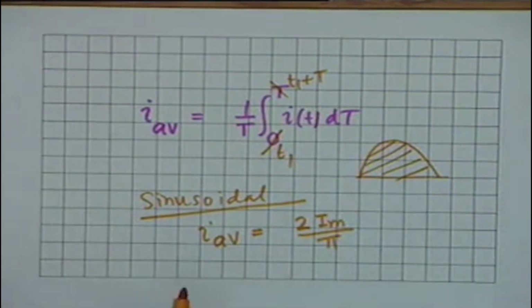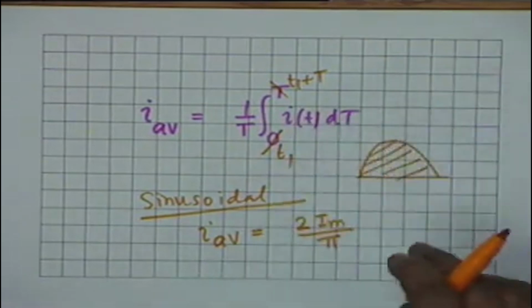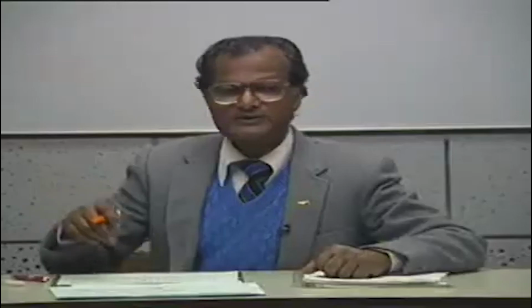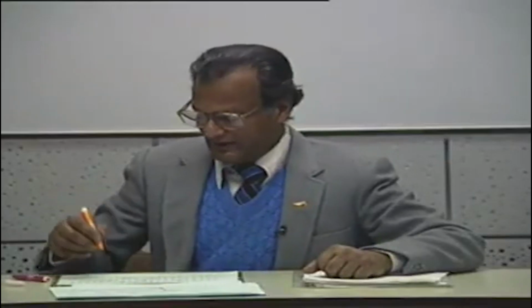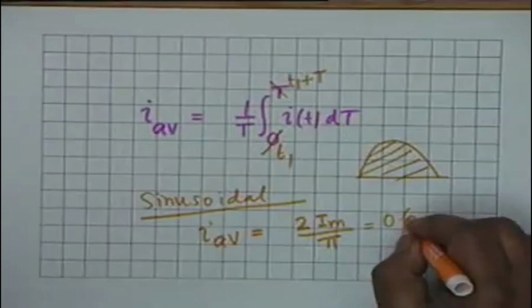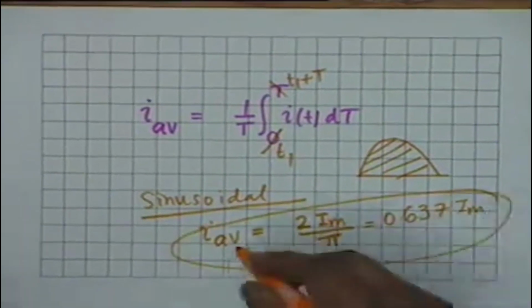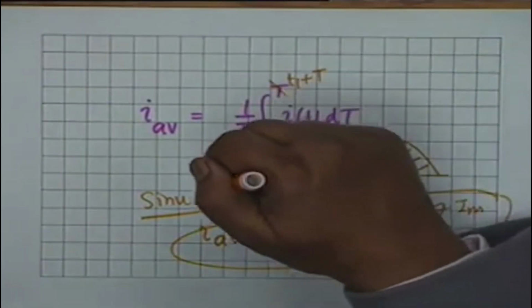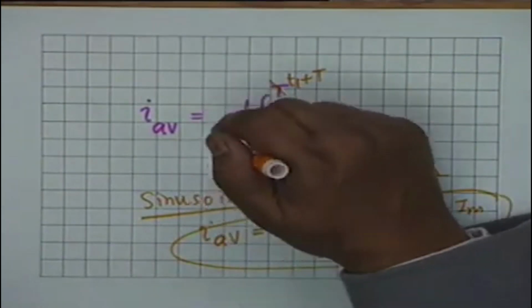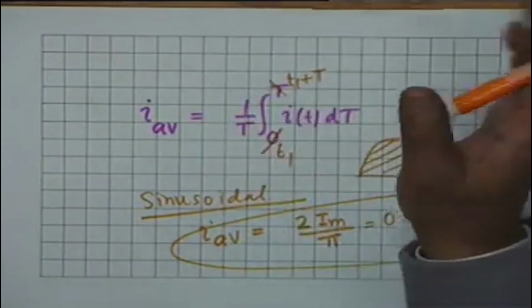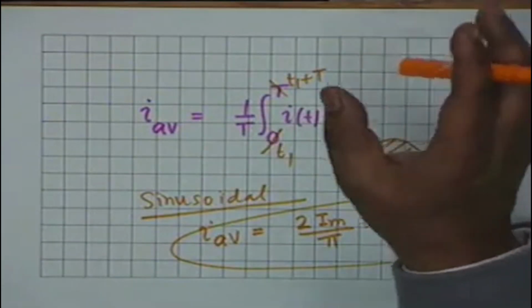You take sine omega t, for example, integrate from 0 to T by 2, then divide by T by 2, which is equal to 0.637 Im. You must remember the definition of the average value for a sinusoidal waveform. If you take over one period, it's identically equal to 0, so you always speak of half a period.